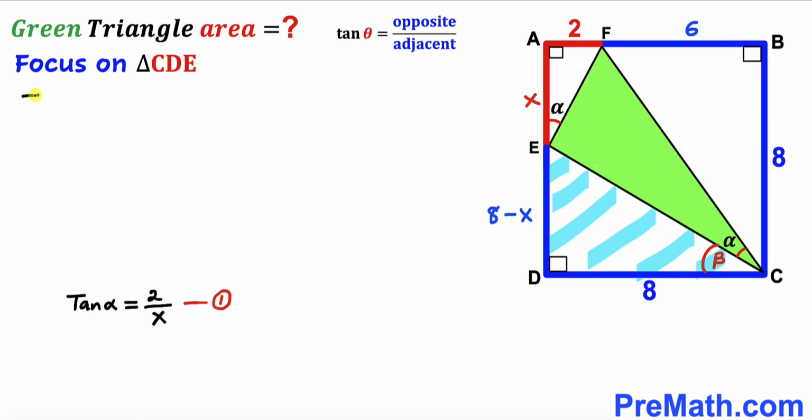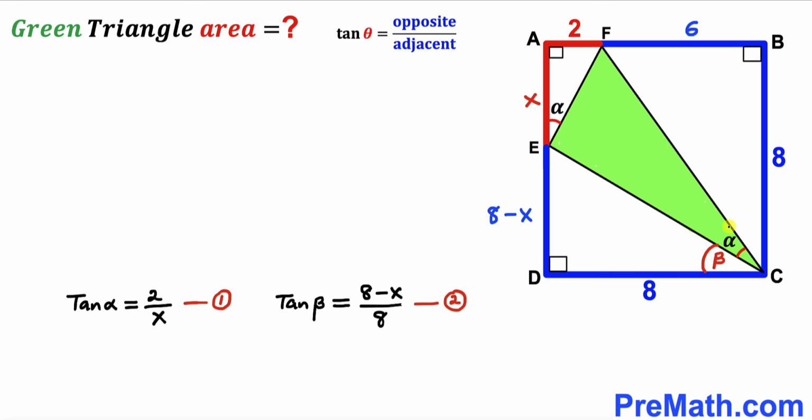So we can write tangent of angle beta is equal to 8 minus x divided by 8. I'm going to label this as our equation number 2.